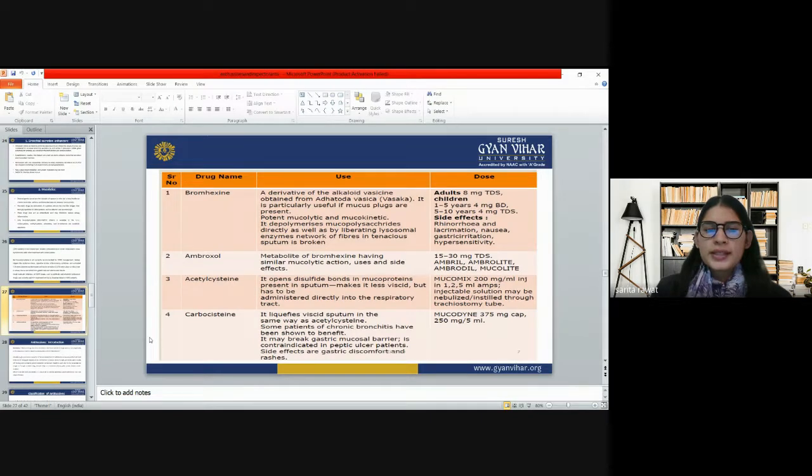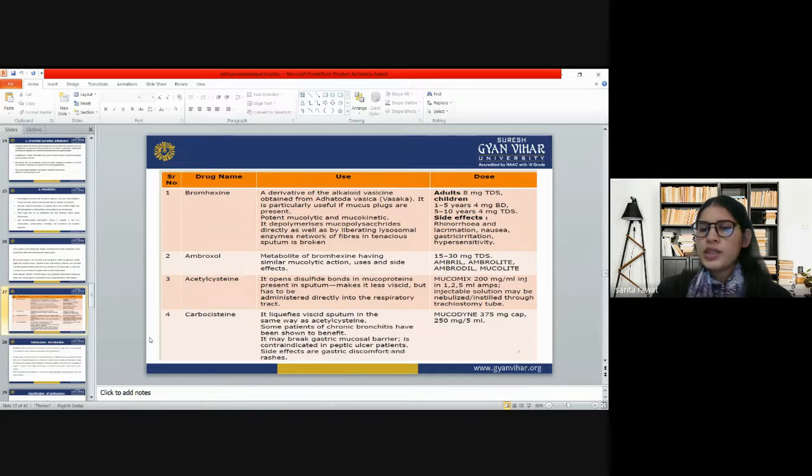Bromhexine, ambroxol, acetylcysteine, carbocisteine. So these are our expectorants. Bromhexine is a derivative of vasicine used as a potent mucolytic and mucokinetic. It depolymerizes the mucopolysaccharide directly, as well as labilizing lysosomal enzymes, and the network of fibers in tenacious sputum is broken.